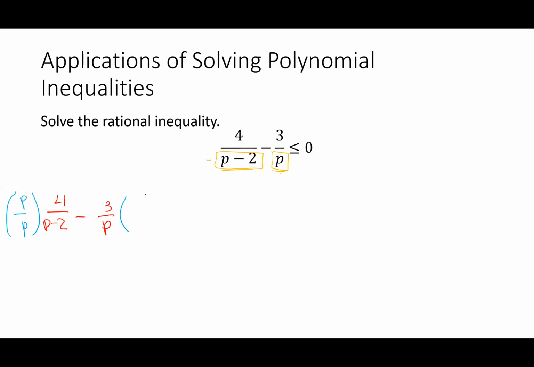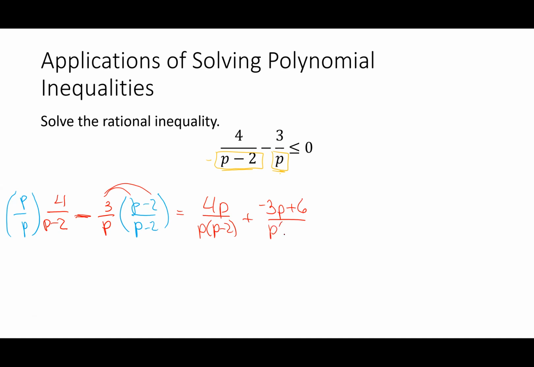I'm going to give this guy over here a p minus 2 over p minus 2. Okay, I'm going to distribute the 3. Well, this is a negative 3, right? And so then I end up with 4p over p times p minus 2. And then let's just go ahead and distribute it. So now I'm going to say plus negative 3p plus 6.